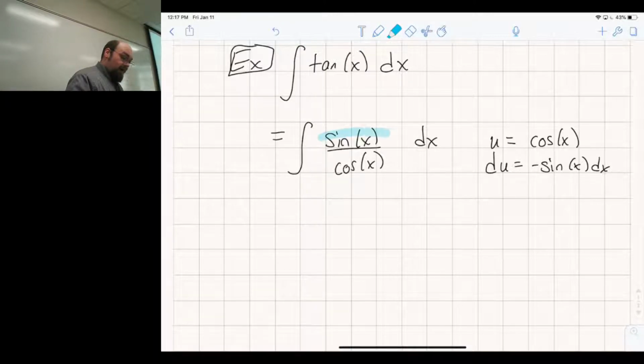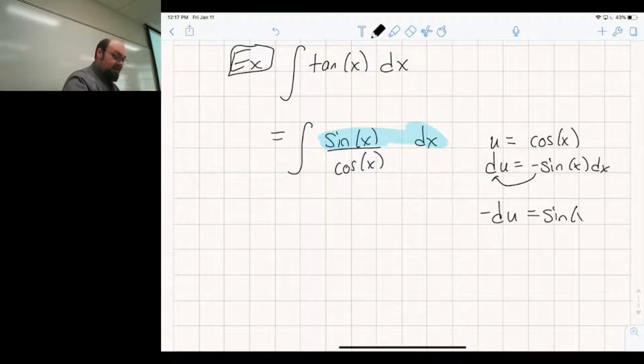Now I'm looking at my problem and I see that I have sine x dx, not negative sine x dx. So what I like to do is I'm going to move that negative over there and make that negative du equals sine of x dx.